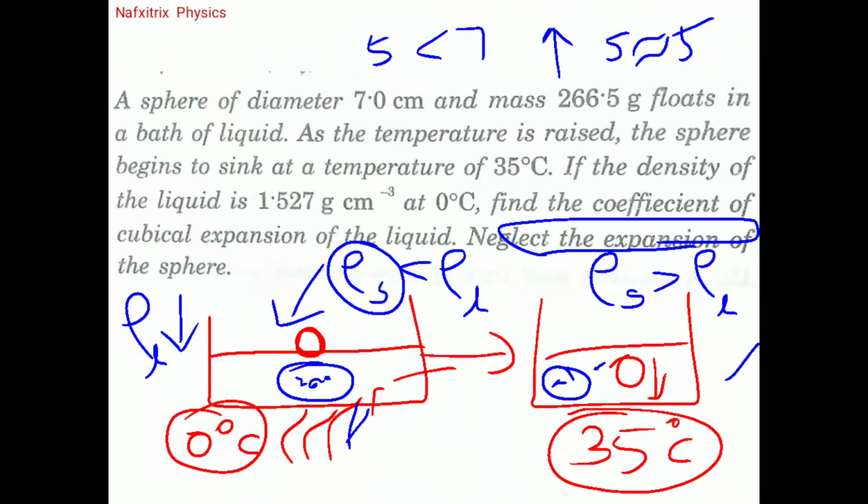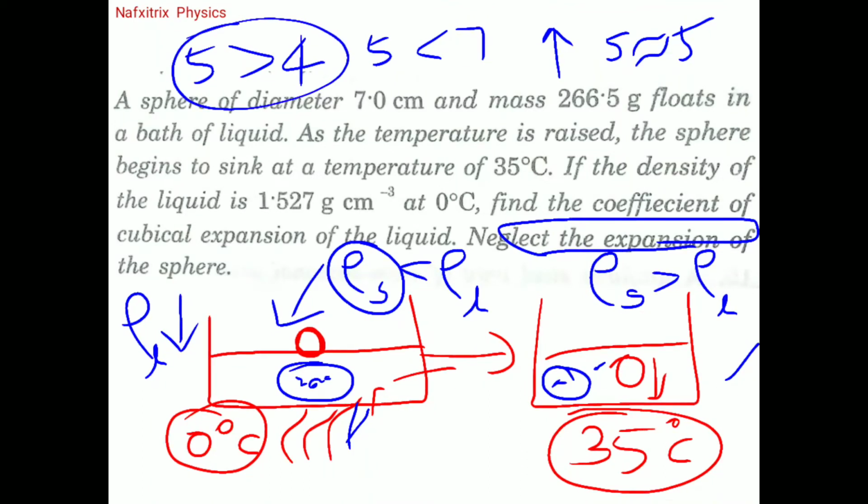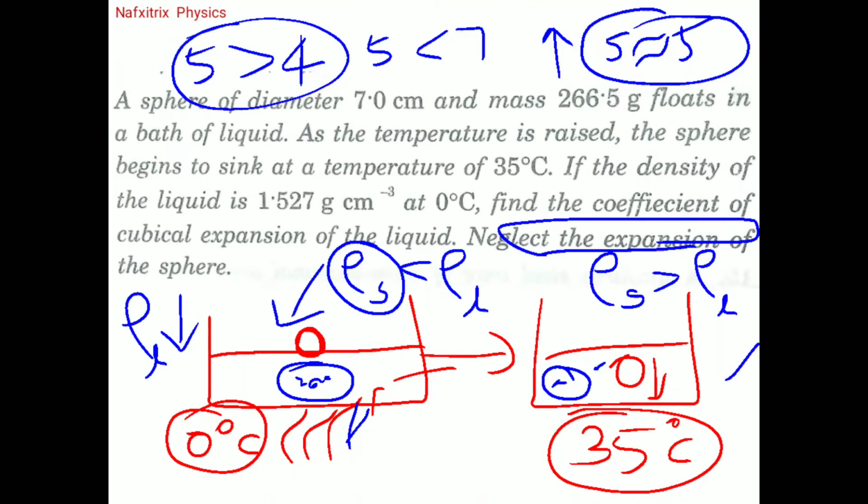If we keep on heating still more, the density of the liquid would become 4, so now the density of the sphere is greater. When the density of the liquid is nearly equal, say 4.95, from that time onwards the sphere tends to sink down. Finally the sphere sinks down.